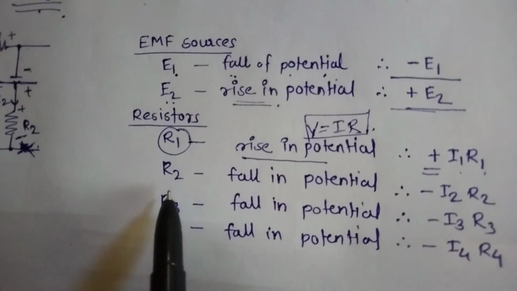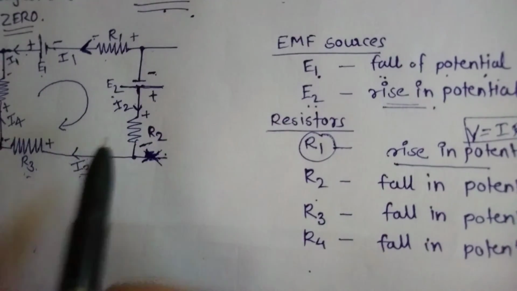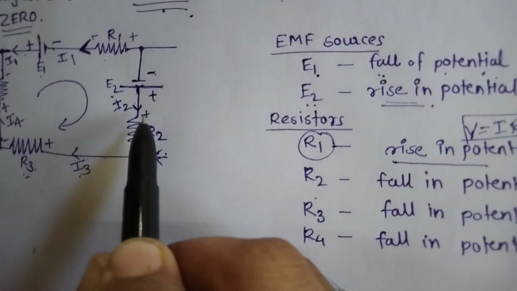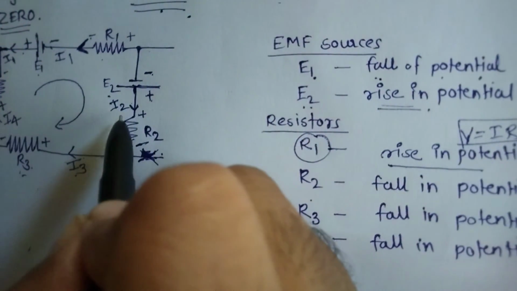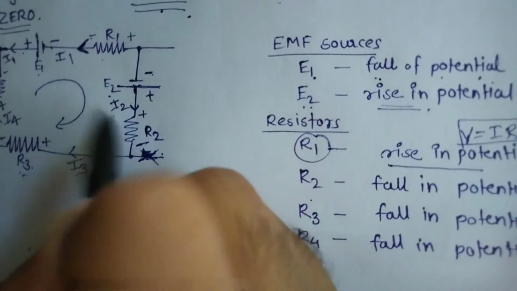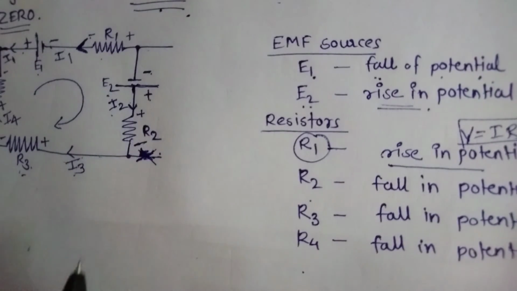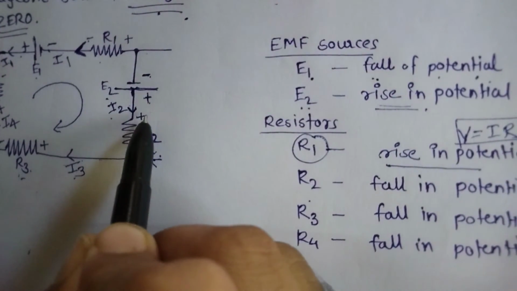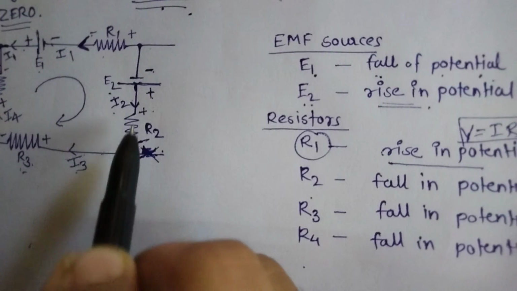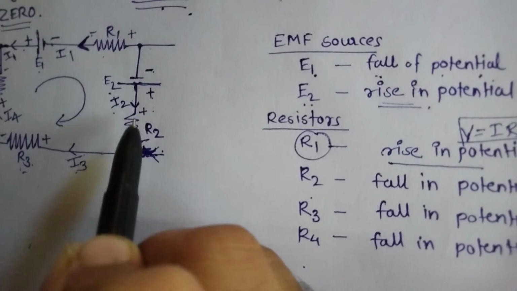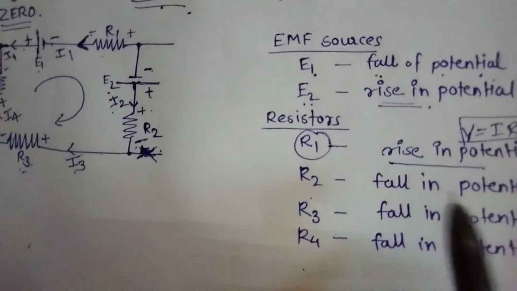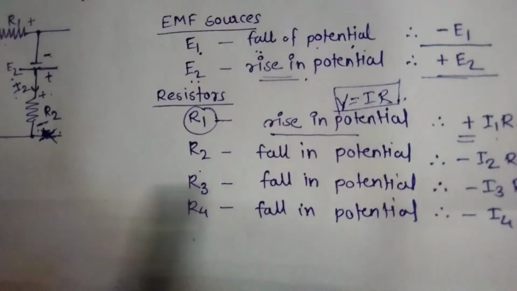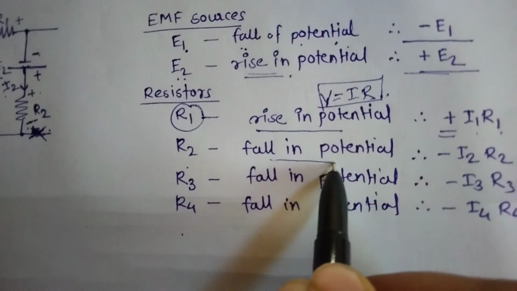Next we will move to the R2. Where is R2? Here. R2 is a resistor in this line, and the current flowing through it is I2. So what is the point here? We are moving from the positive to the negative of the resistor R2, so when we are moving, there is a fall of potential.